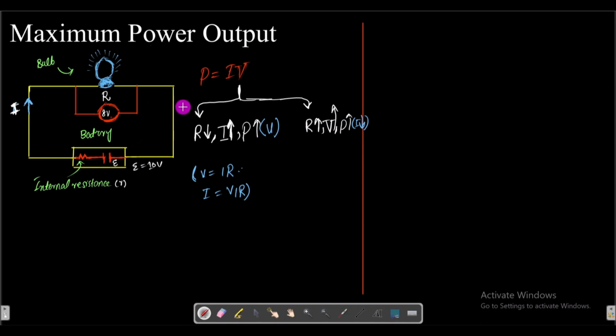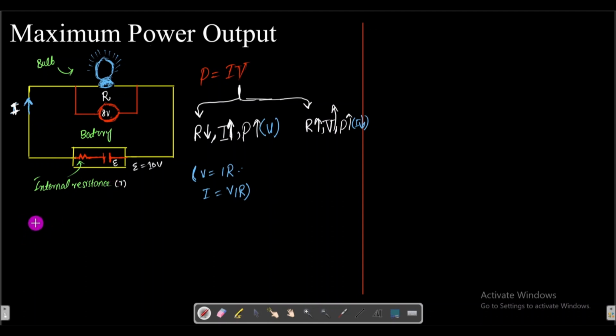So for that, we will have to modify this equation in order to achieve the maximum power. Now we will take some mathematical operations. According to Ohm's law, V is equal to IR.